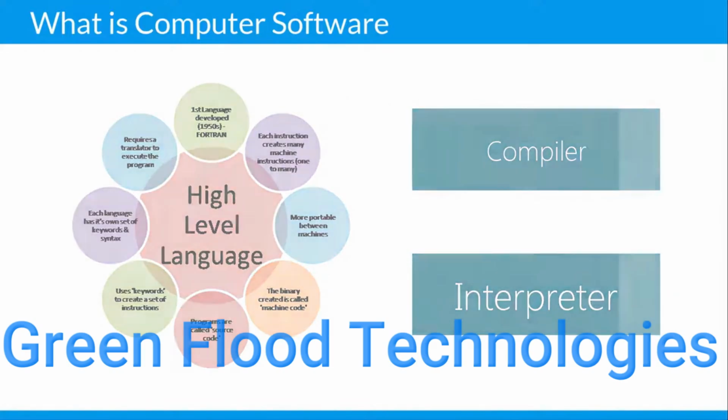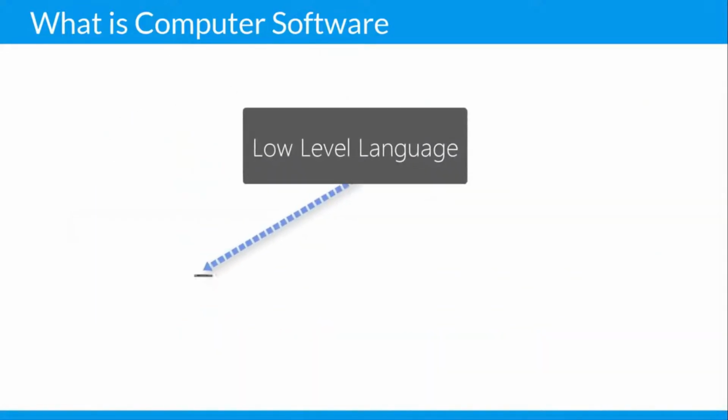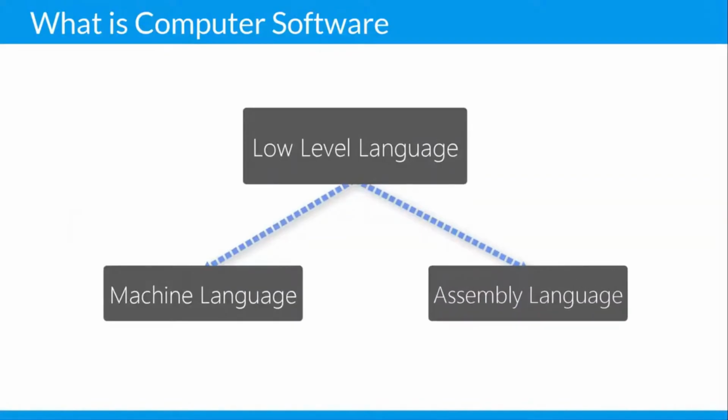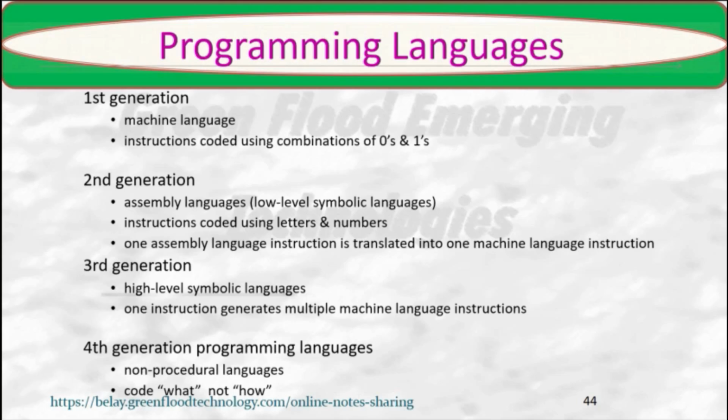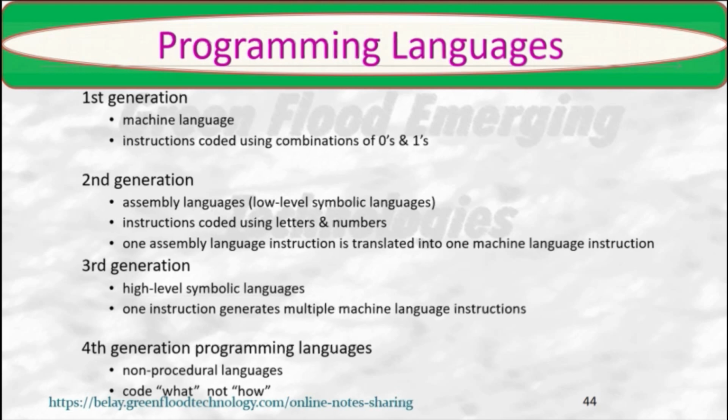This high-level language uses compilers and interpreters, which are specially used to convert into machine language. The fourth generation programming language is non-procedural language: what, not how.